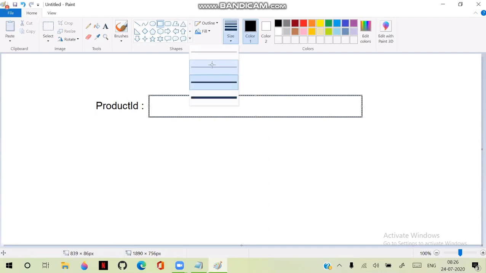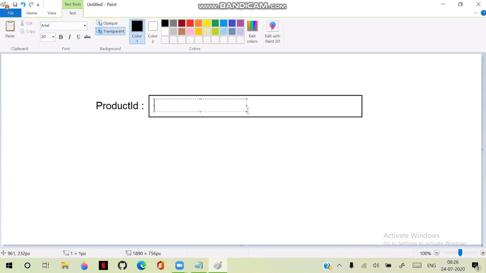The user is entering the product ID, and after defining it, he is trying to submit some query here, like alert hello.